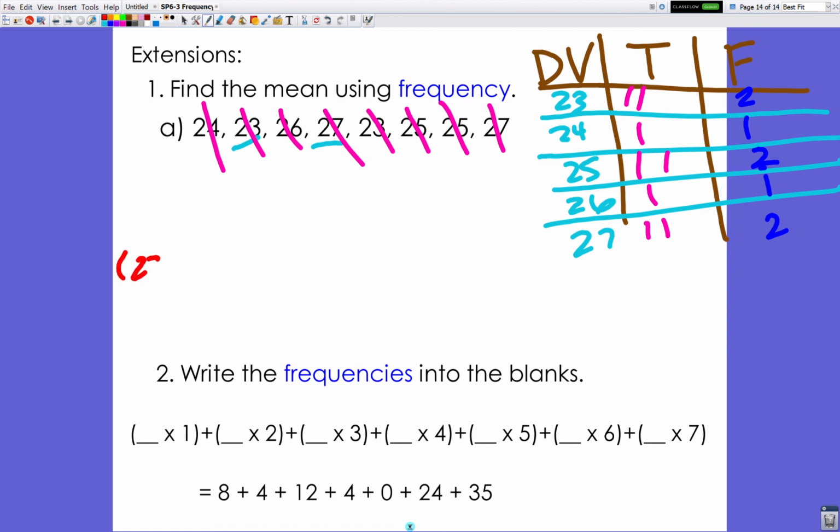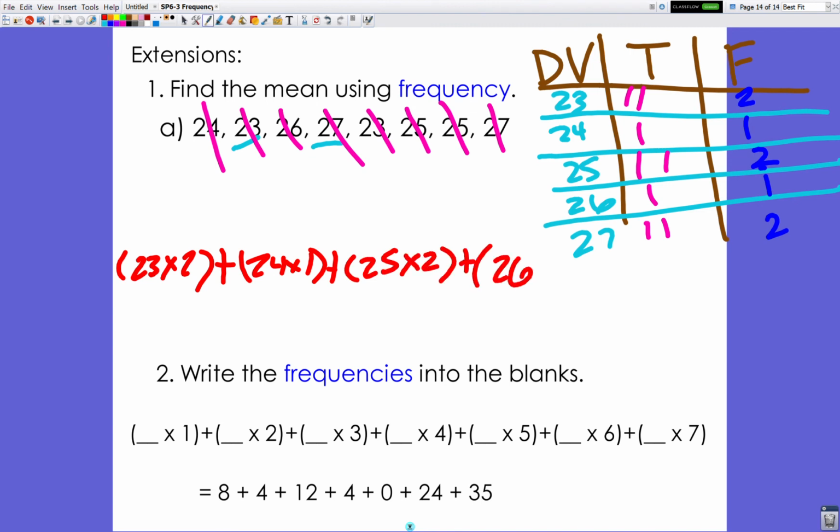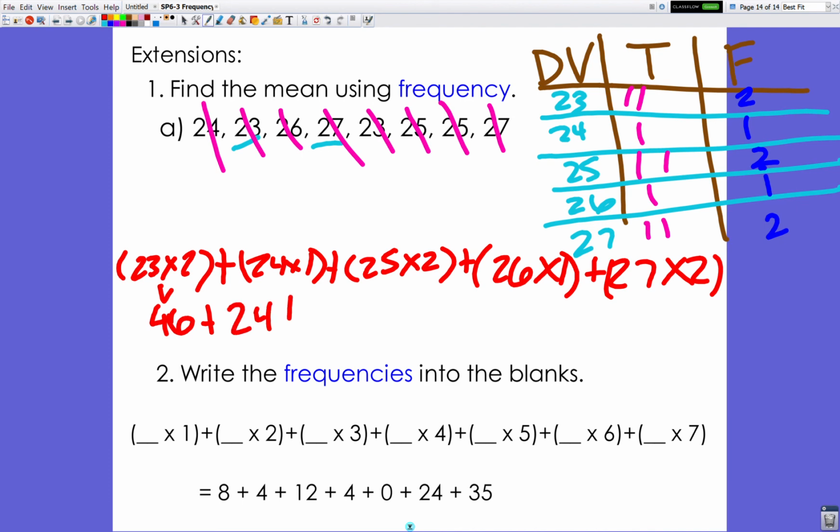So we got 23 times 2 plus 24 times 1 plus 25 times 2 plus 26 times 1 plus 27 times 2. 23 times 2 is 46 plus 24 times 1, which is just 24, plus 25 times 2 is 50, plus 26 times 1 is 26, plus 27 times 2 is 54.